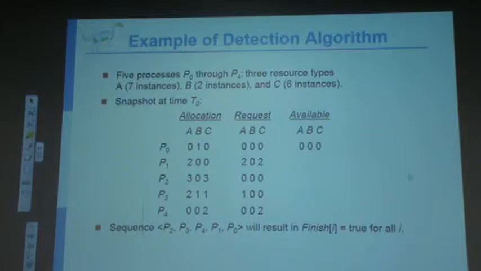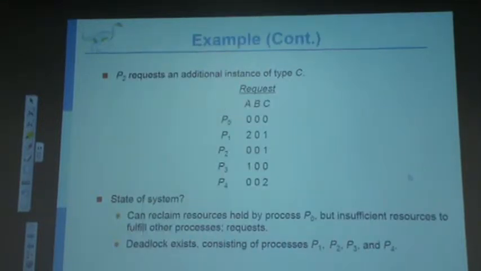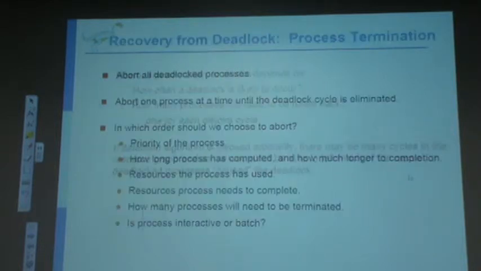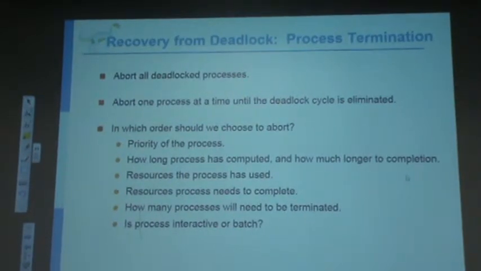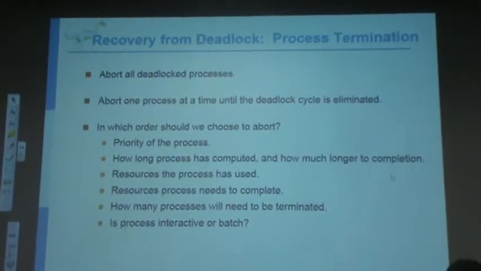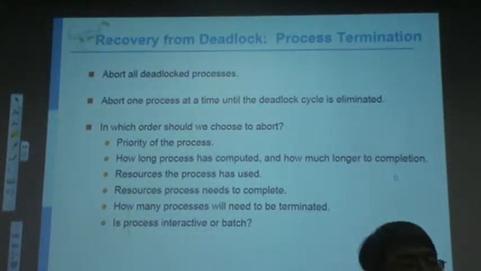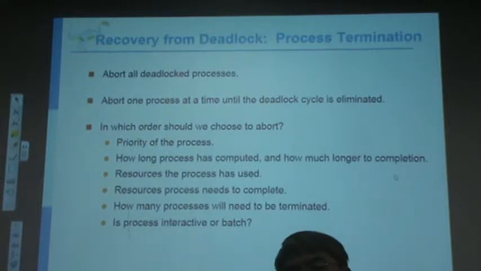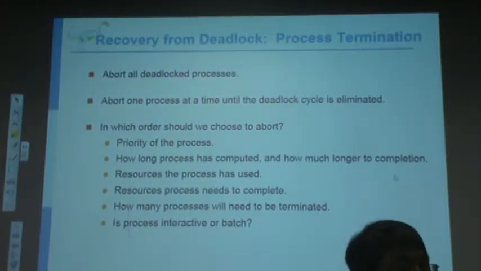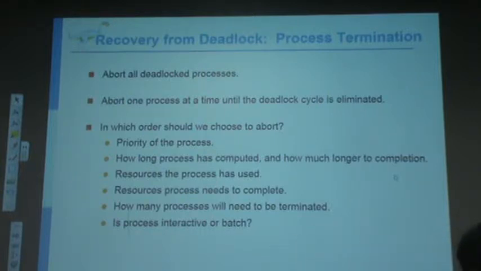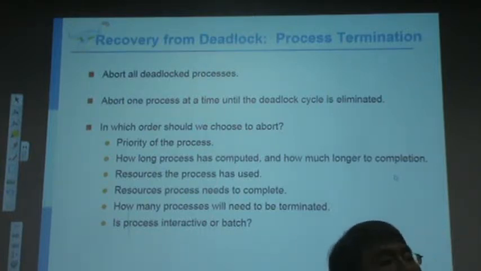How can we solve the problem in the recovery scheme? The idea is you need to terminate, or kill, the process. There are different options. One is you can kill all the processes involved in the deadlock situation.